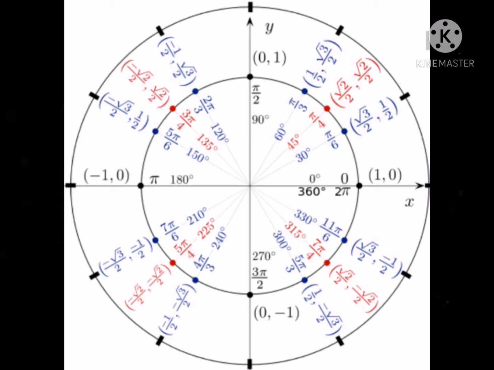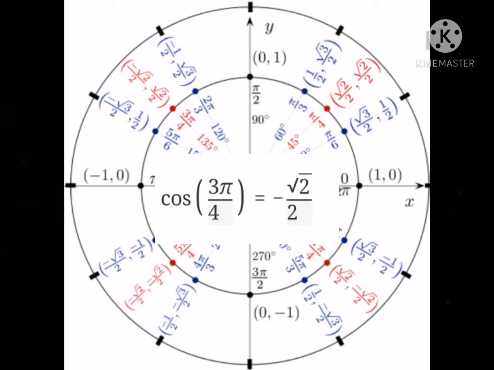Here's what our answer to this problem would look like: cosine of 3 pi over 4 is equal to negative square root of 2 over 2.